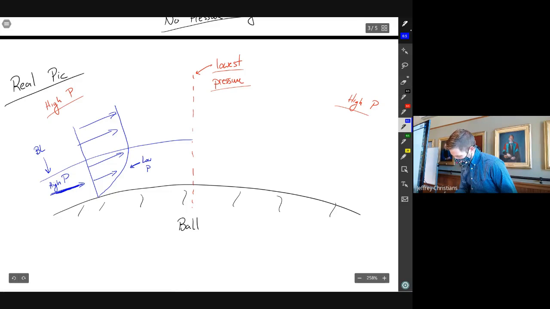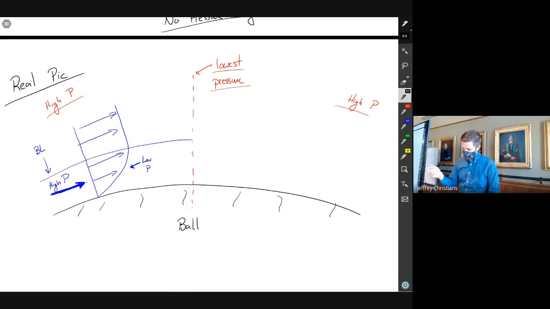So here at the back, we have a big arrow, and here at the front, we have a little arrow. So in this region of our flow, pressure helps to push along the flow.